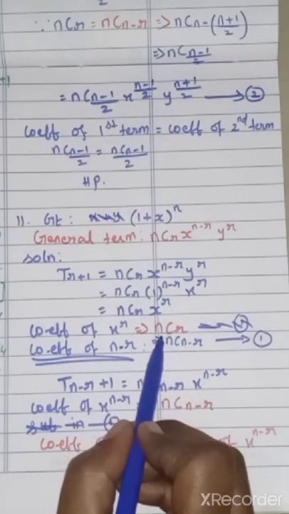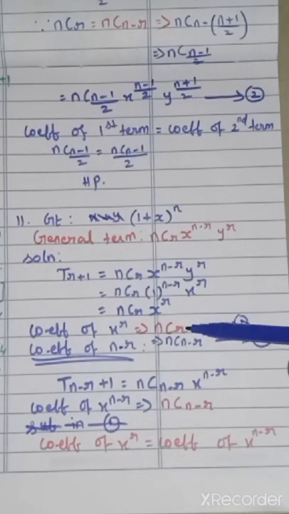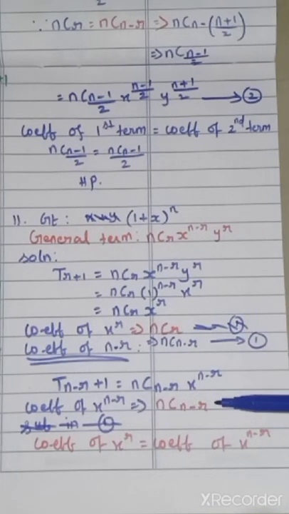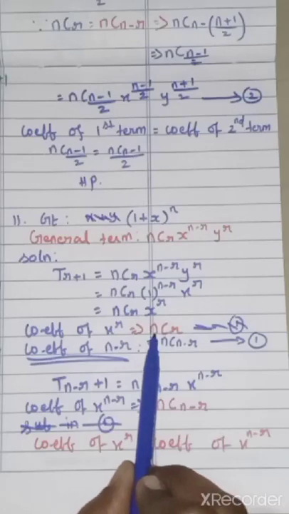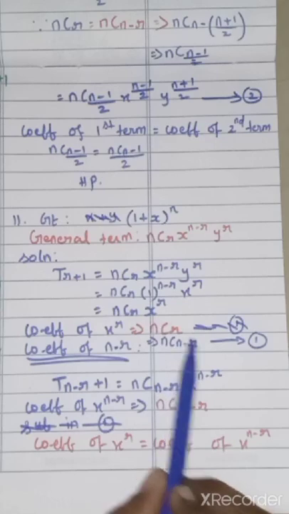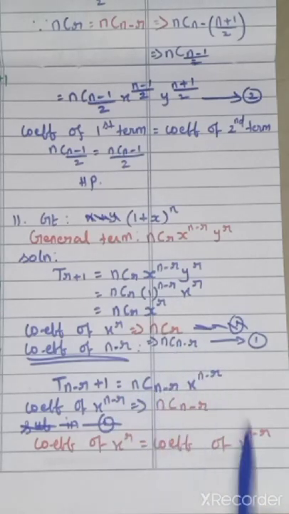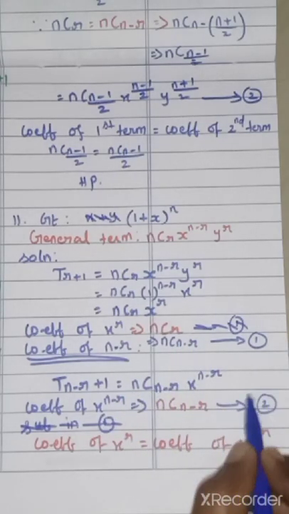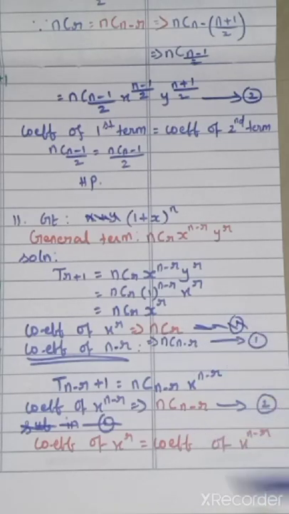Actually we got nCr, and nCr and nC(n minus r) do not look equal, but we have to prove they are equal. That's why we use the property nCr equals nC(n minus r). So we rearranged and wrote it, and now this and equation number 2 are equal. Therefore the coefficient of x power r equals the coefficient of x power n minus r. Hence it is proved.